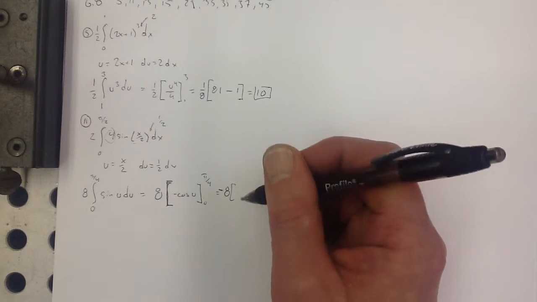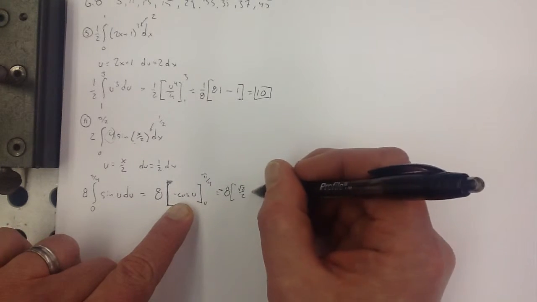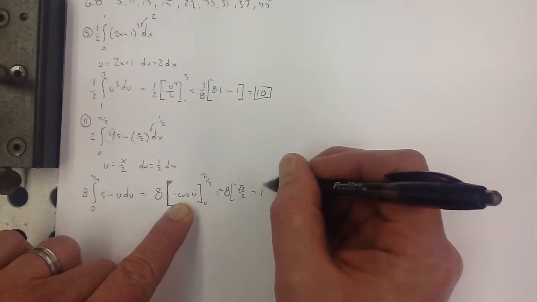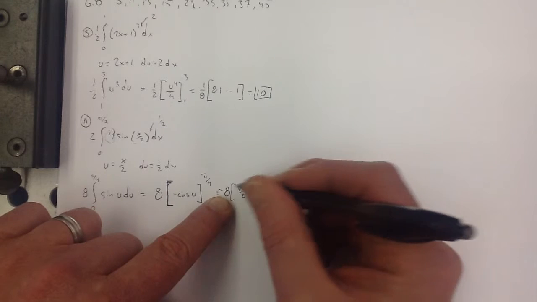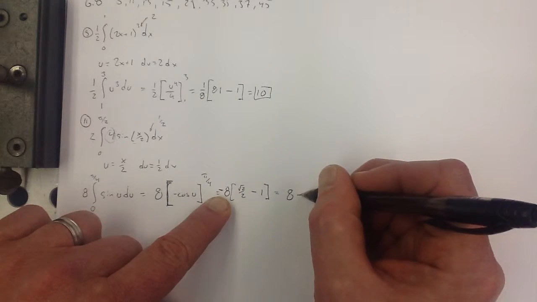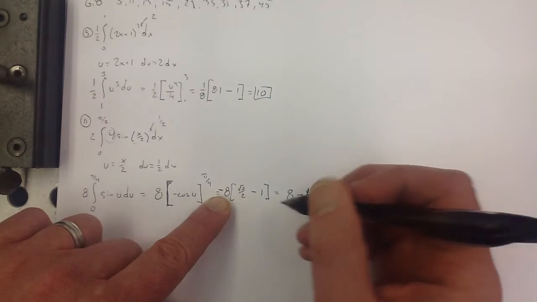Too many negative signs in there. So cosine of pi over 4 minus cosine of 0, and that gives me 8 minus 4 square roots of 2. Right?